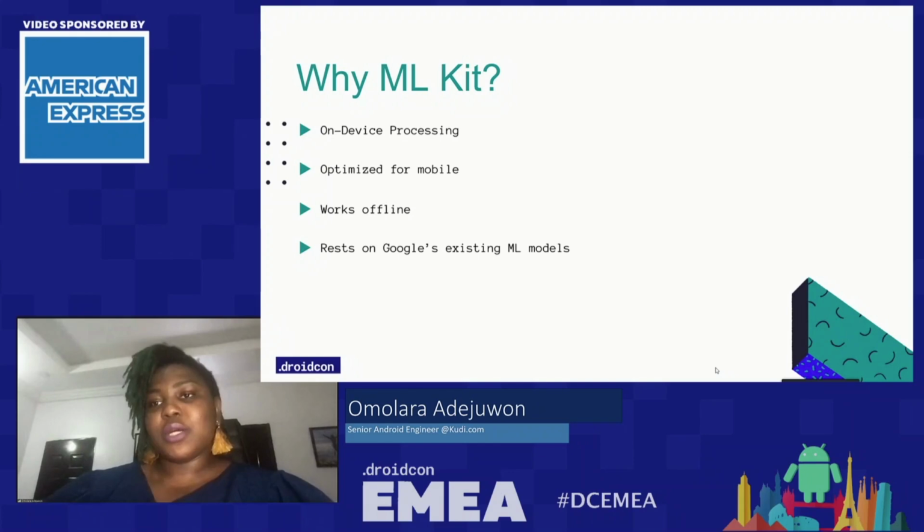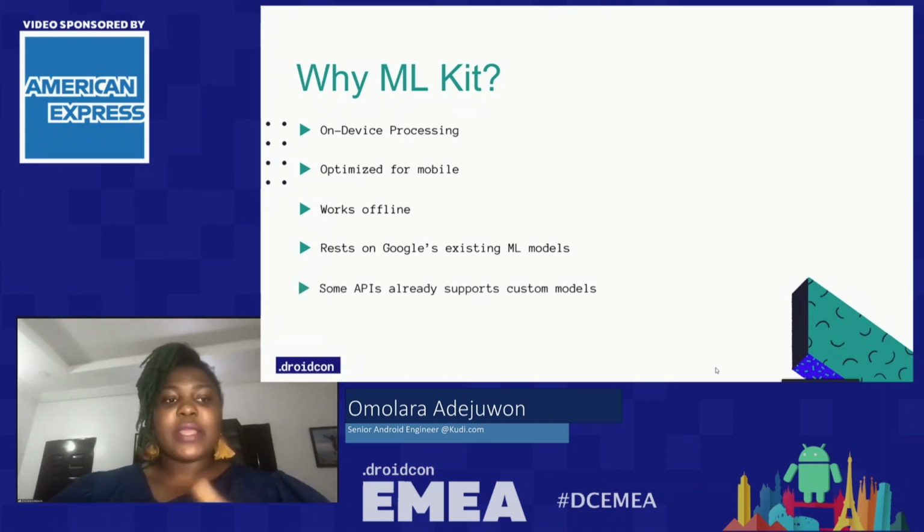It also rests on Google's existing ML models, built on lots of years of expertise and experience. So you have lots of models already available for you to use without having to rack your brain, and it's quite easy to use. Some of the APIs, not all currently, support custom models, which means it's customizable depending on your needs and use cases.